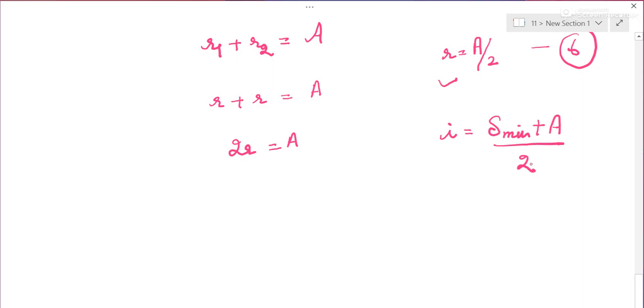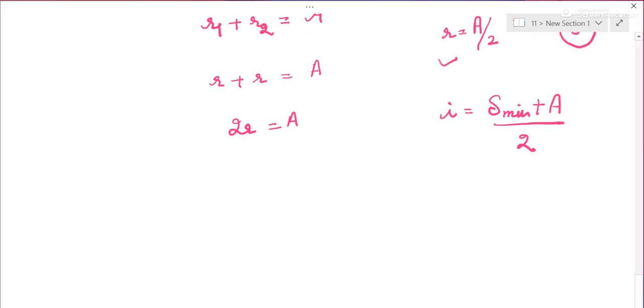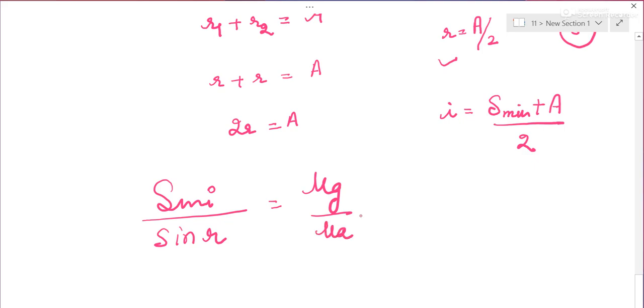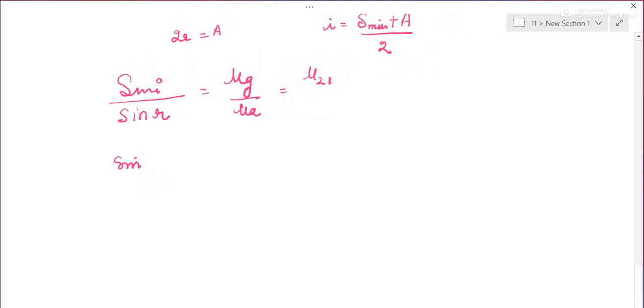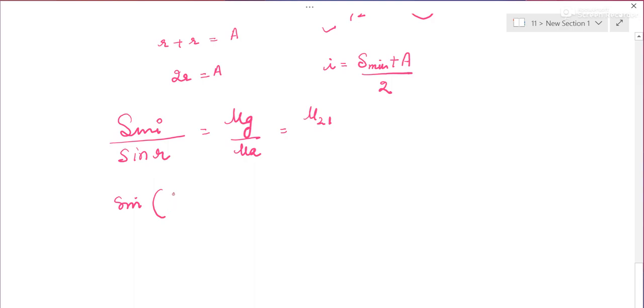Okay, now we can write the value of I and R in the Prism formula, that is sin I, in Snell's law we can substitute. It is equal to mu glass by mu air, or you can say mu 2 1, mu 2 by mu 1. Substitute I and R. I is this, substitute A plus del minimum by 2.